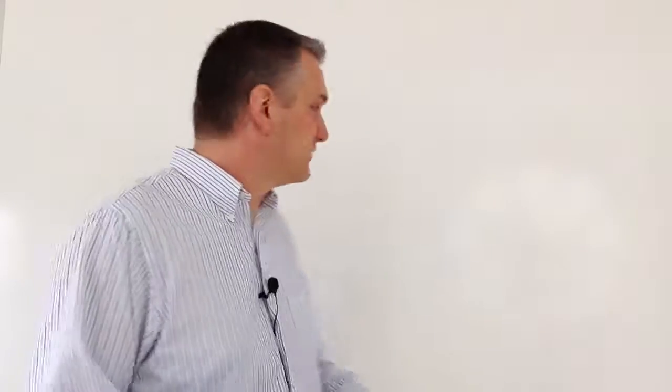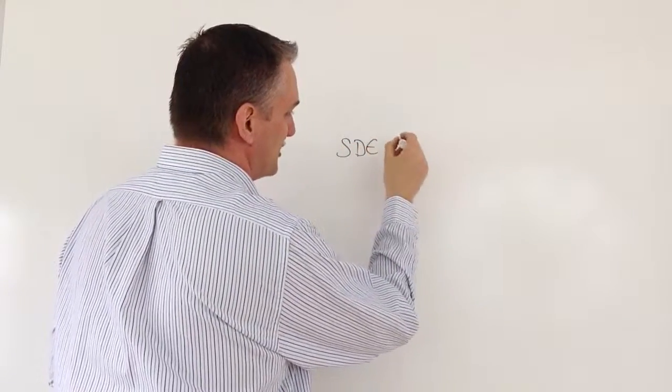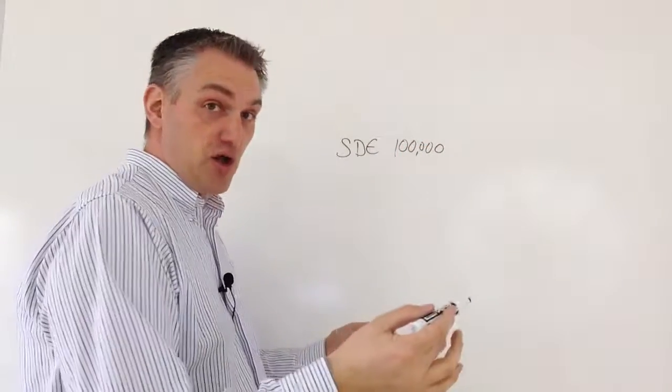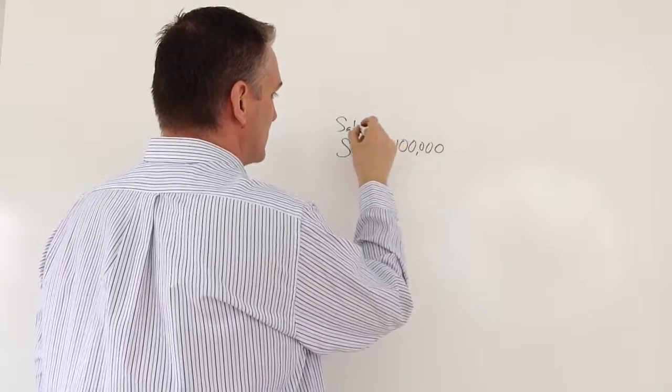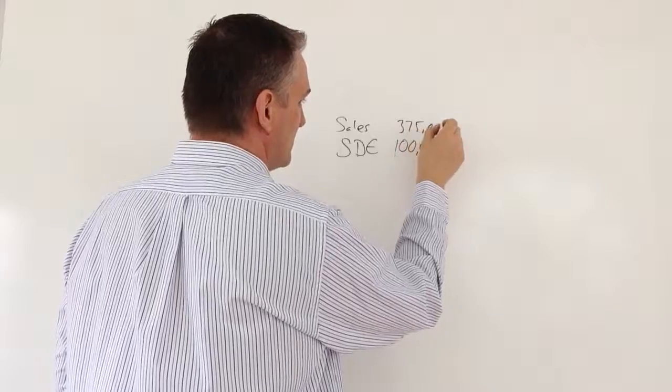And we're going to look at restaurants because there's a lot of data out there. So I might have a restaurant with an SDE, a seller's discretionary earnings, of $100,000. And this might be a very small operation with sales, let's say, of $375,000.